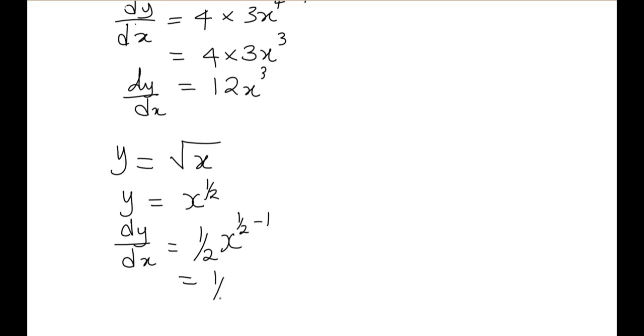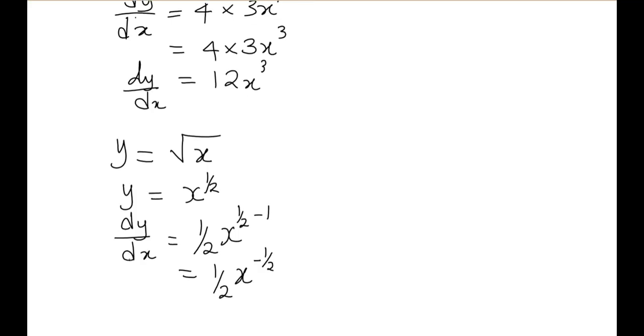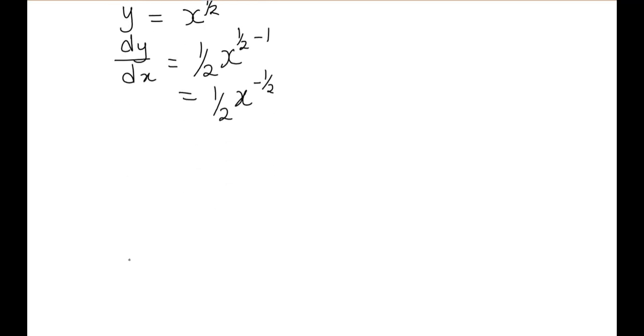So this will give us 1 over 2 times x raised to the power of half minus 1, which is minus half. So this will be 1 over 2 times x raised to the power of minus 1 over 2. So let's look at another form.